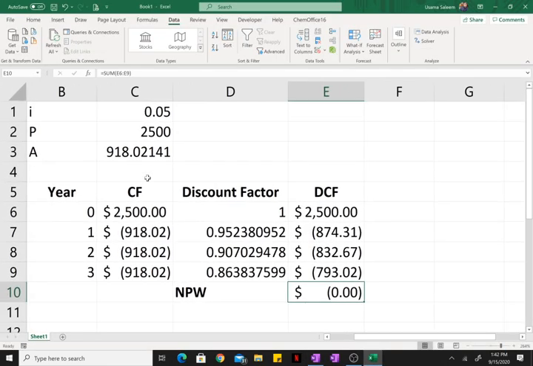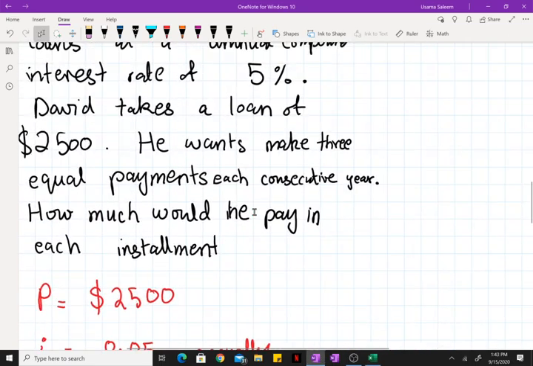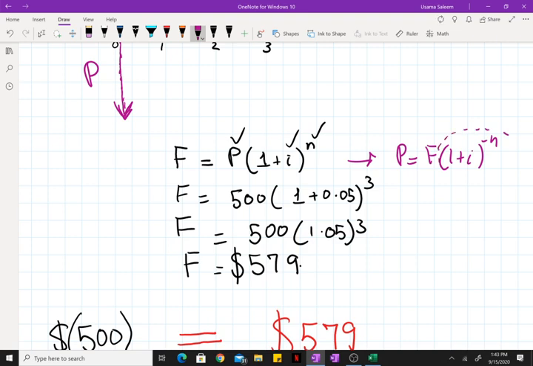Notice how I've only used one formula: F equals P times (1 + i) raised to the power n. And if you rearrange this to the form P equals F times (1 + i) raised to the power negative n, there you get the discount factor.